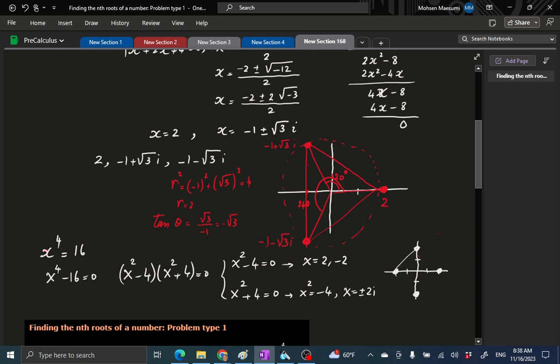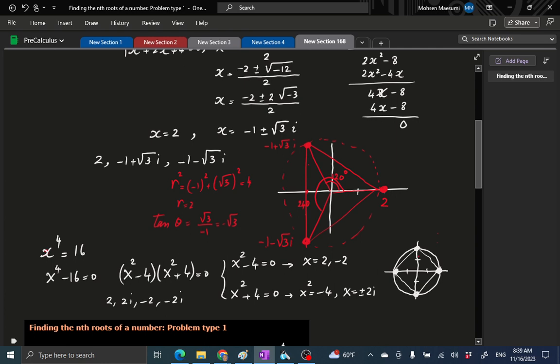These are corners of a square. So if I have a circle here and I start with one of these points, turn it 90 degrees, I get the next one, the next one, and the next one, and then I come back to where I was. So my solutions are 2, 2i, minus 2, and minus 2i.